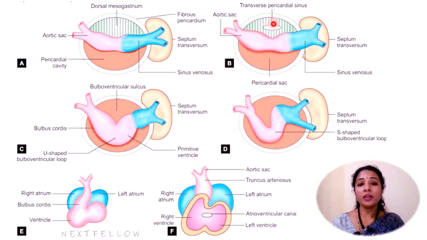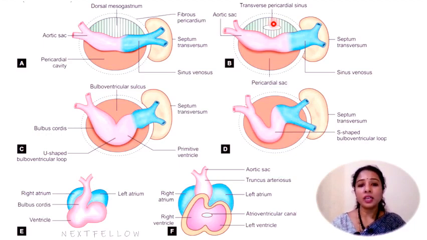The right horn of sinus venosus gets absorbed into the posterior aspect of the primitive atrium to form the sinus venarum, that is the posterior smooth wall of the right atrium, whereas the rough anterior wall develops from the atrium proper, that is the primitive atrium.